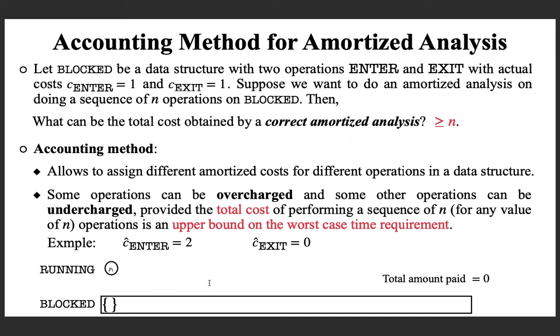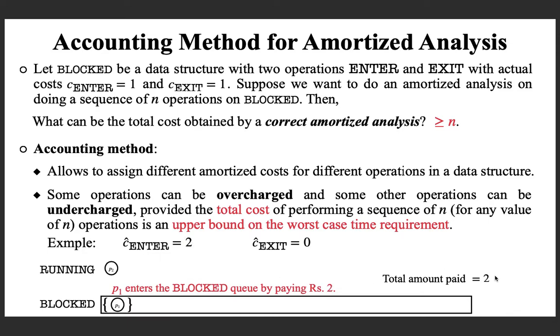Assume that there is an operating system, and now the process P1 is executing, and no process is there in the blocked queue. Now suppose P1 wants some input output operation which is not enabled now, then it has to wait. So it enters the blocked queue, and we are assuming that the amortized cost of the enter operation is 2 units of time.